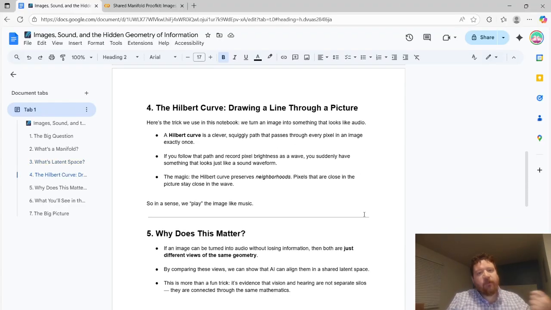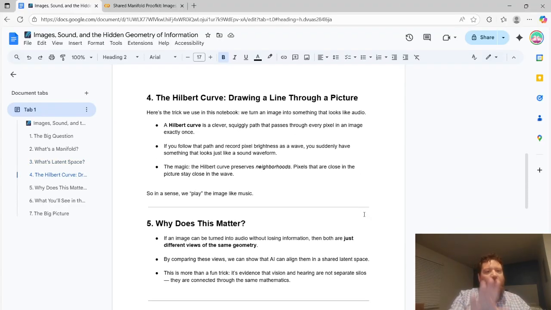This brings us to the Hilbert Curve, which we're going to utilize very extensively within the mathematics for this model. So the Hilbert Curve: drawing a line through a picture. Here's the trick we use in this notebook: we turn an image into something that looks like audio. A Hilbert curve is a clever squiggly path that passes through every pixel in an image exactly once.